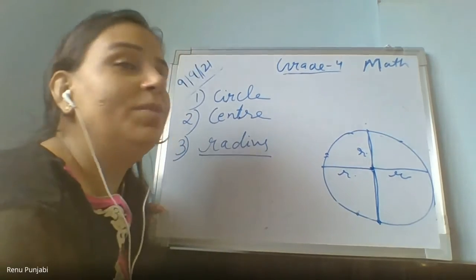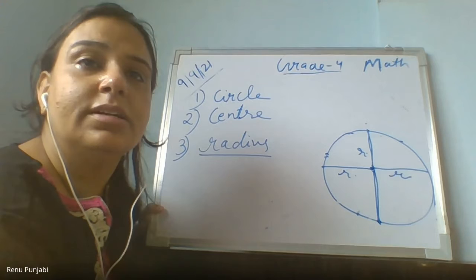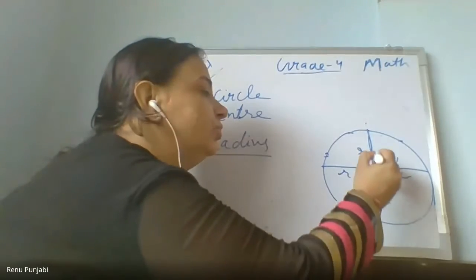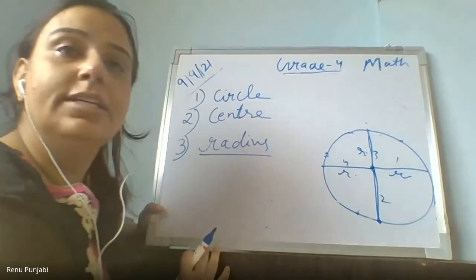If I ask how many radii I have drawn on the circle, how many are there? Four. 1, 2, 3, 4 radii are there.